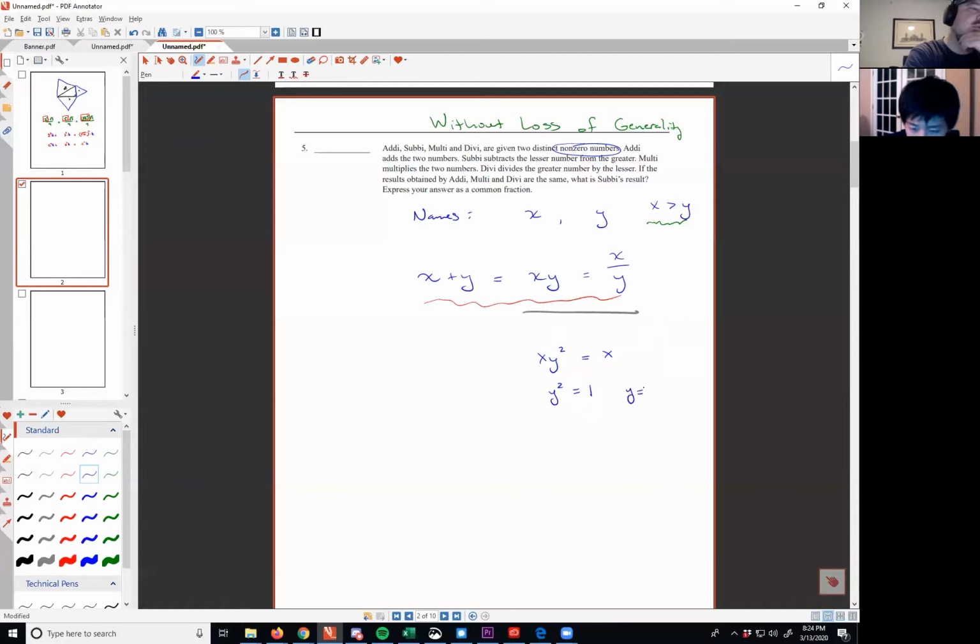So y equals, let's see, can it be negative? Or it's positive. They're non-zero numbers. Guess we don't know for sure yet, but we know that x plus y equals xy.